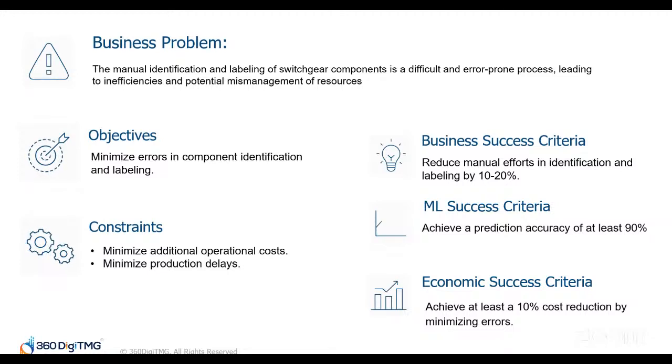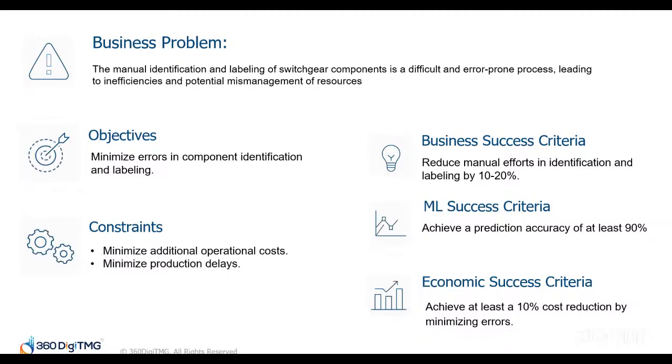So our main objective was to minimize errors in component identification and labeling. The key goal is to automate the identification and labeling of the switchgear components so that we reduce the manual error by 10 to 20%, which is our business success criteria.